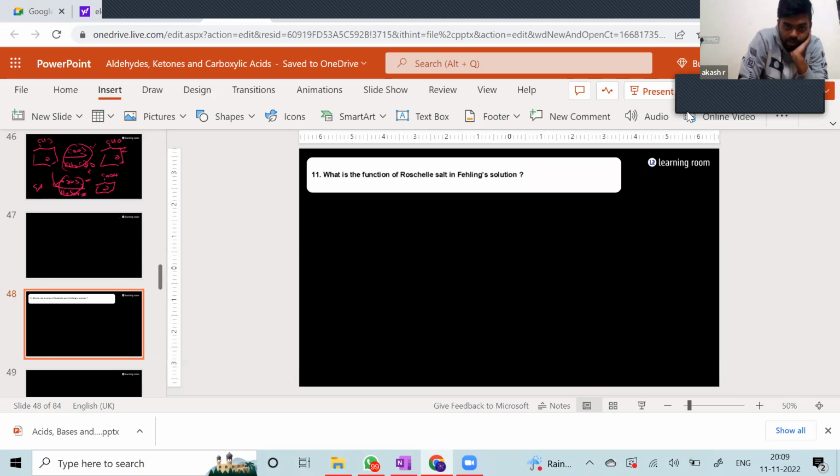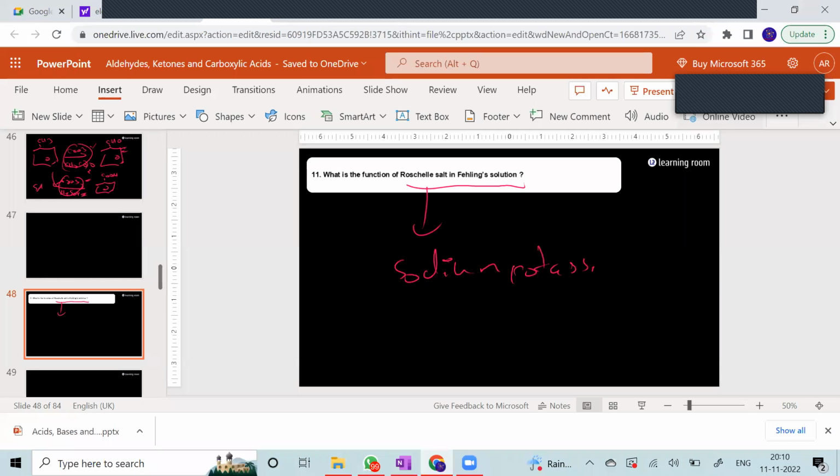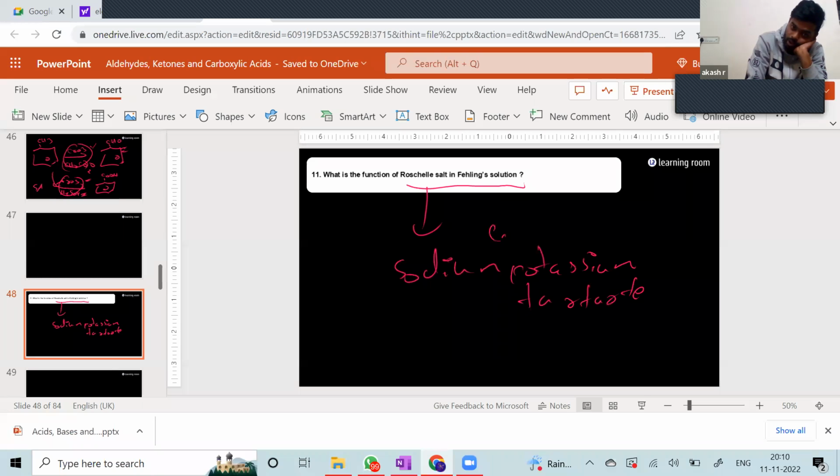What is the function of Rochelle salt in the Fehling solution? What is Rochelle salt? Sodium potassium tartrate. Right. So basically, we are going to have some Cu2 plus in the Fehling solution, and along with that, you will be adding this potassium sodium tartrate.